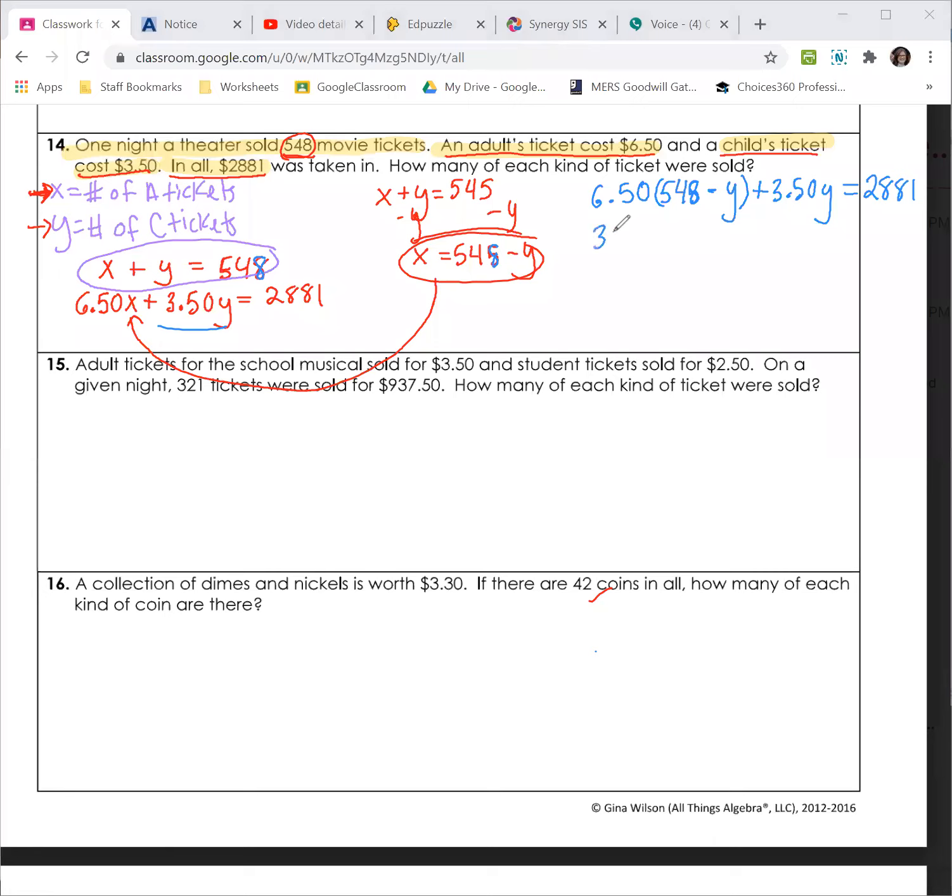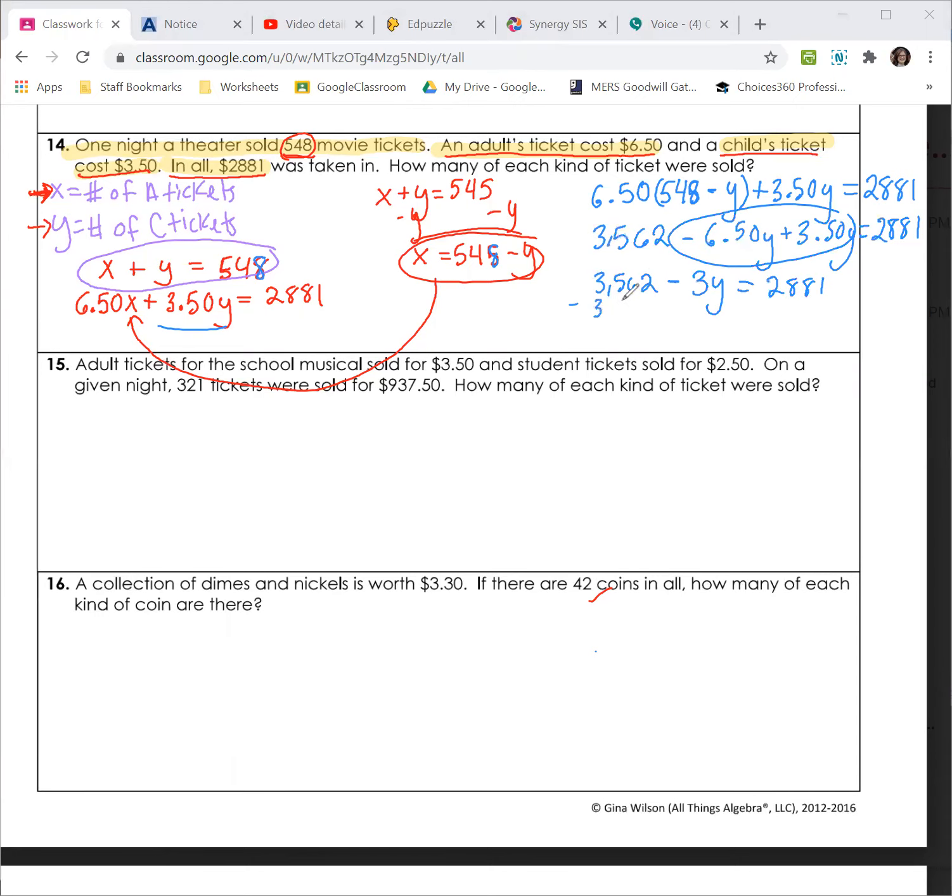Okay, I have 3,562 minus 650Y plus 350Y equals 2,881. So I'm going to combine these like terms. So I have 3,562 minus 3Y equals 2,881.